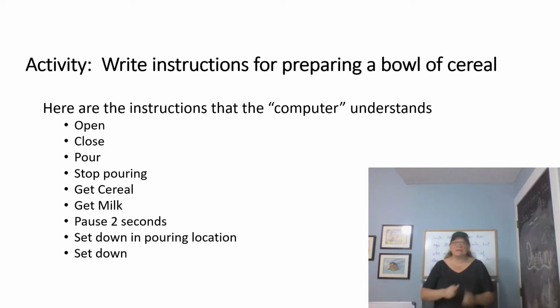If you get the milk, you'll be able to open the milk. There's a command to pause for 2 seconds, so the computer just freezes and waits 2 seconds. And then it also has a couple of instructions for setting things down. One is to just set it down, and the other is to set it down in the location where things are going to be poured.